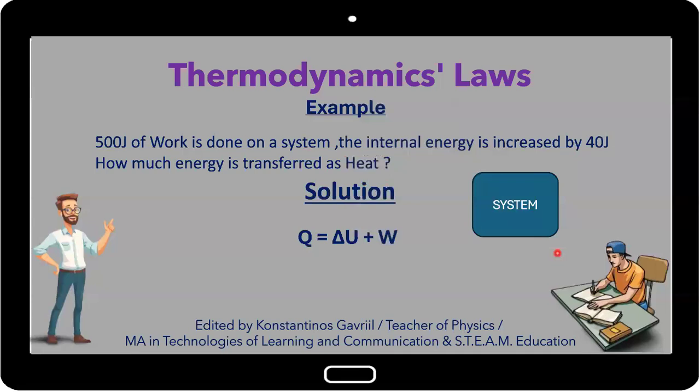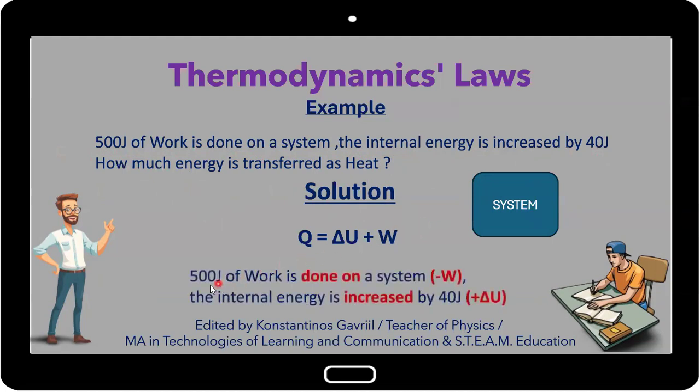Let's see a few examples now. We have 500 joules of work that is done on a system. These are expressions that we need to focus on. The internal energy is increased by 40 joules. How much energy is transferred as heat? Because we have the statement that 500 joules of work is done on the system, this means that I have a negative work.